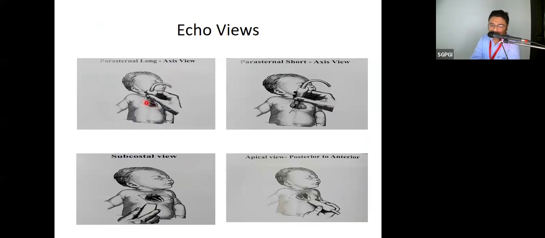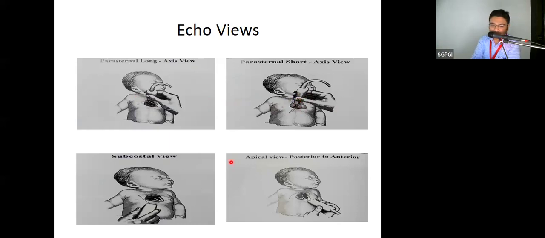The pointer is towards 11 o'clock. If we assume this as a clock, this is 12 o'clock, this is 11. The short axis is just perpendicular to the parasternal long axis view, at around 1 o'clock.